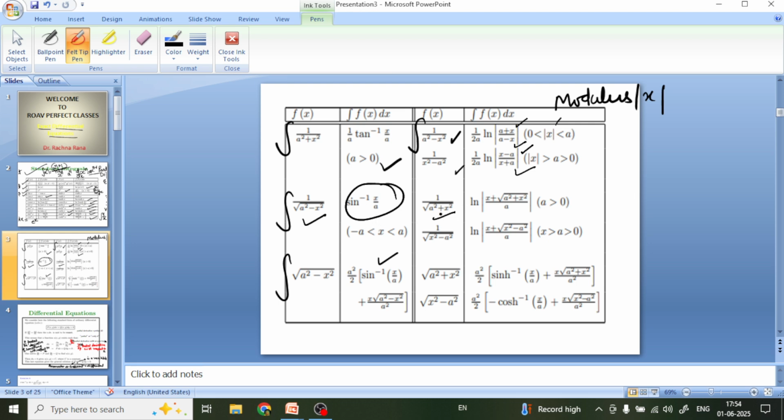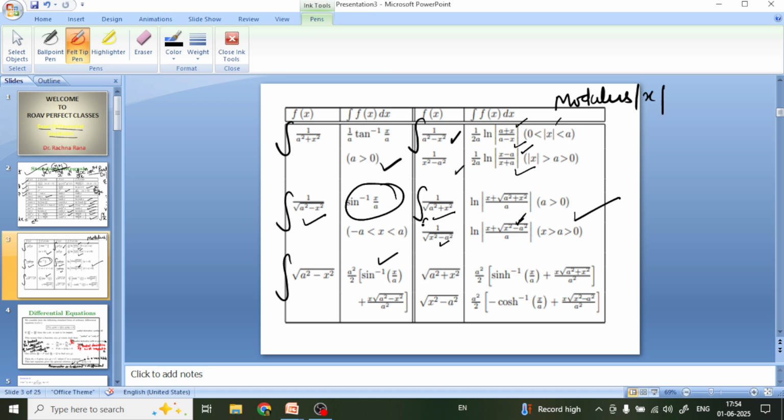But in the case of the plus symbol, you have to take it as log of x plus square root of a square plus x square over a, where a should be greater than 0. For 1 over x square minus a square, in that case only the sign changes to plus, but where it is minus, here also minus, and all the rest of the formula will be the same.